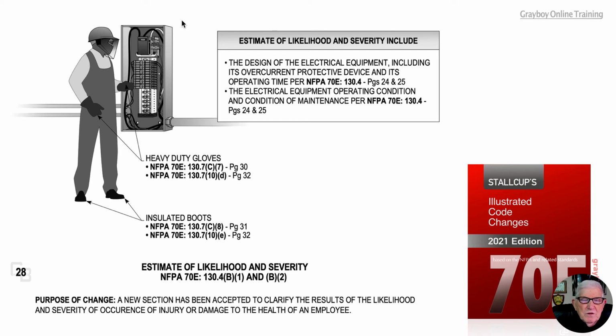This illustration deals with the estimate of likelihood and severity. These rules are listed in 130.4(B)(1) and (B)(2).